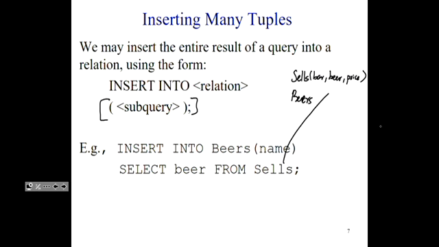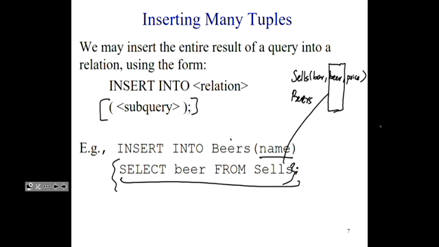So I can say insert into Beers, where I'm specifying the only attribute that is relevant in Beers, which is name. I'm selecting all of the beers that are present in Sells. So it's only this attribute within the Sells relation. So this is a subquery, and this will result in many different tuples that match this subquery being returned. All of them will be inserted into the Beers relation.